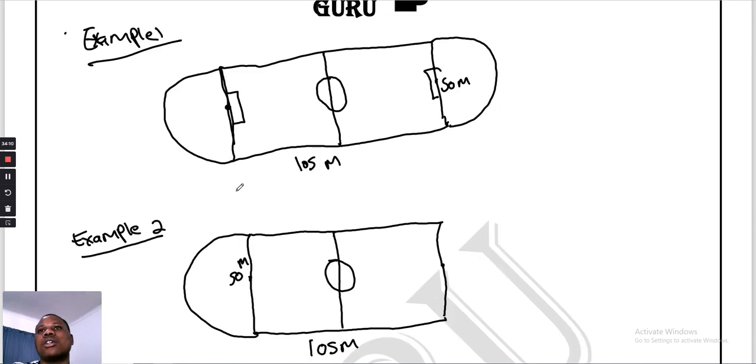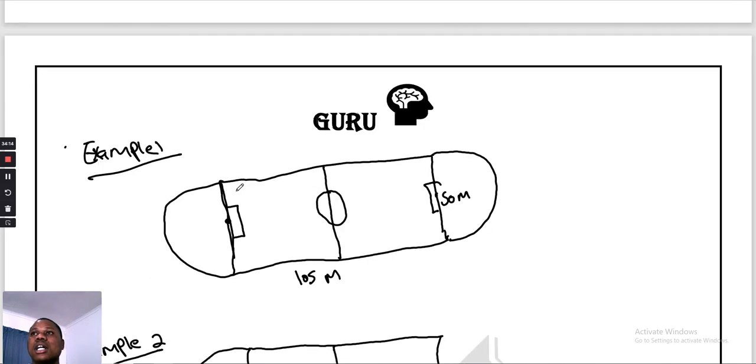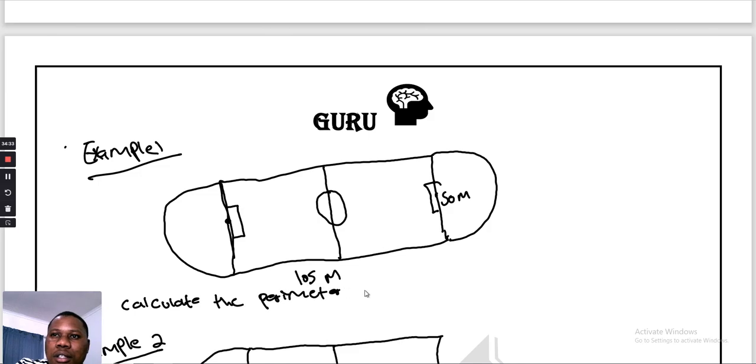Right, so when we're looking at our two fields there, they are different. You'll understand why I gave you 2 different fields there. Now the question says: calculate the perimeter of the field.